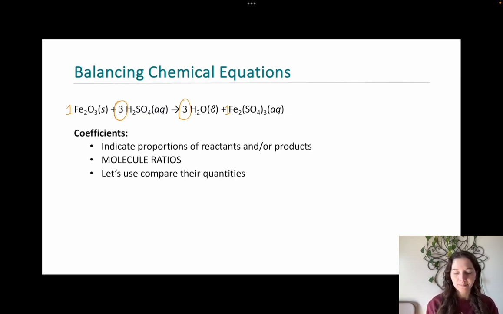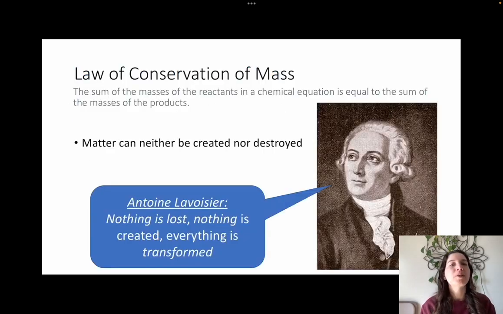This brings us to the law of conservation of mass, which tells us that the sum of the masses of the reactants that start in a chemical equation are equal to the sum of the masses of the products that end after the chemical reaction has taken place. So matter can neither be created nor destroyed. What's actually happening instead is everything is transformed.